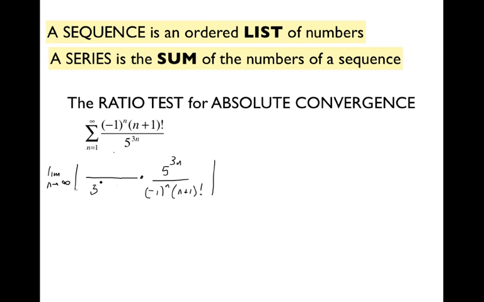Okay, and the top is? What factorial do we have now? N plus 2, right? N plus 1 plus 1. You just add those, n plus 2.